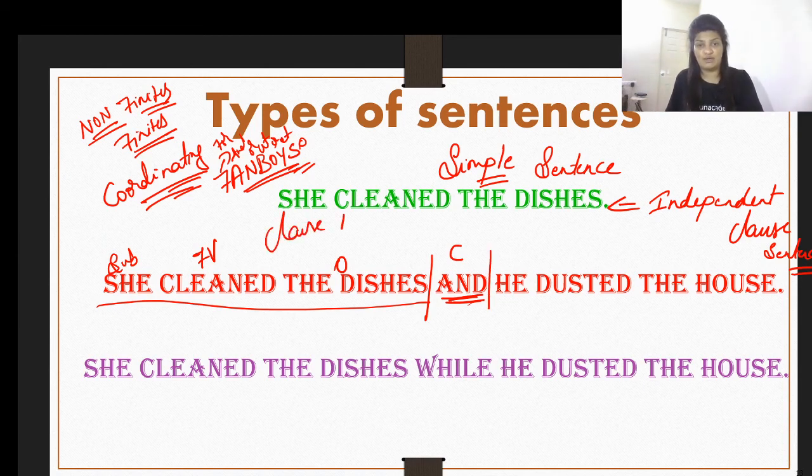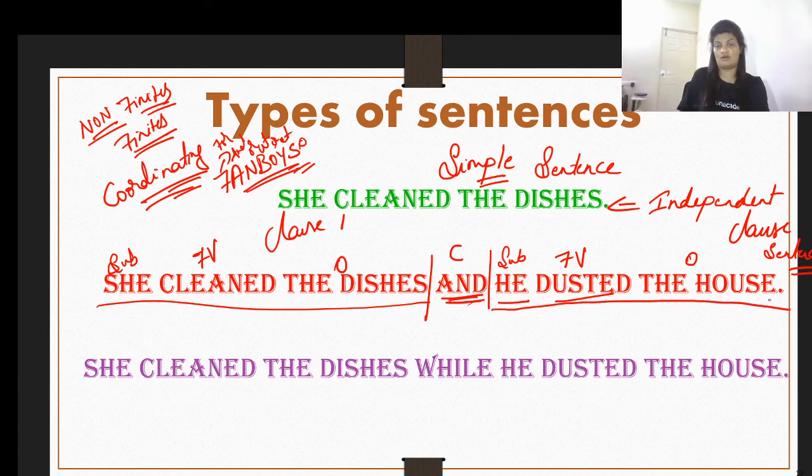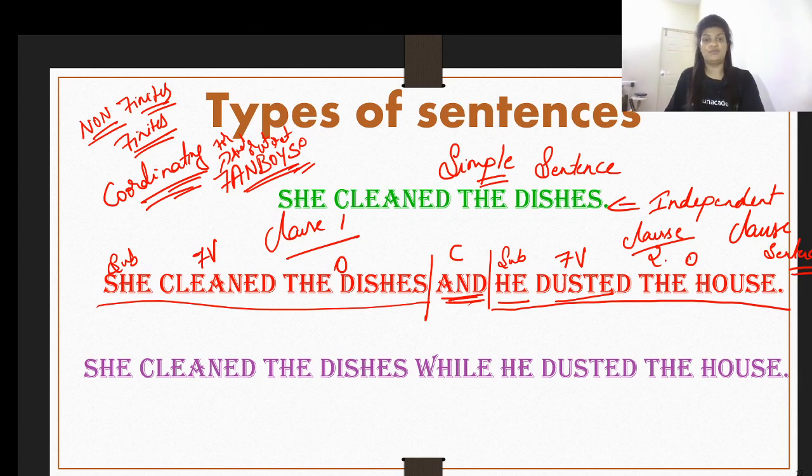Here we have our conjunction, which is combining the other clause, and here we have another subject, another finite verb and the object of this statement, which means we have our clause number 2. So we have clause number 1 and clause number 2, and they have been combined by the conjunction and, which is a coordinating conjunction.